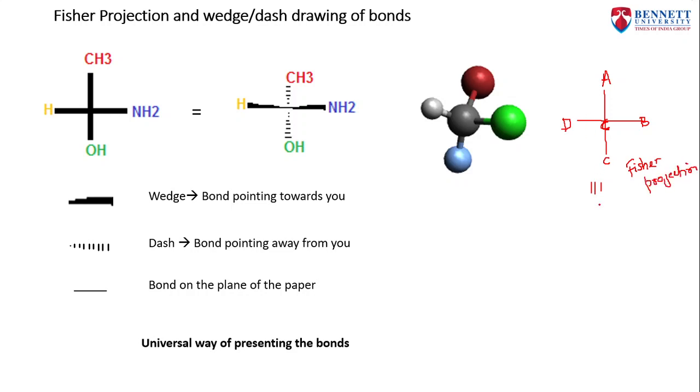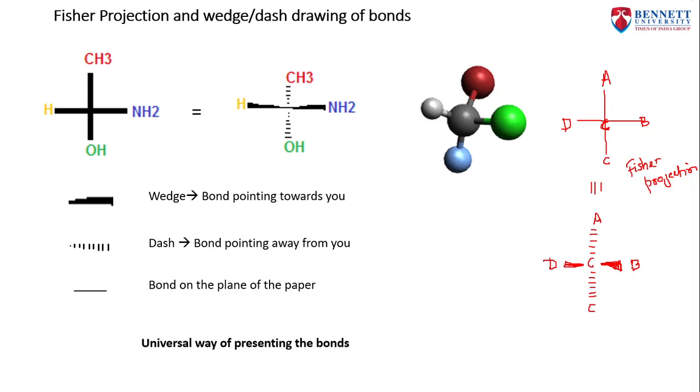And in terms of 3D representation, it means that the vertical bonds, that is A and C, are dash bonds, away from you, and the bonds D and B are towards you. So that is a Fischer projection.